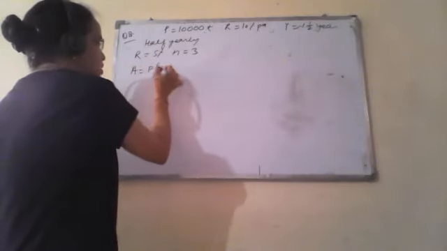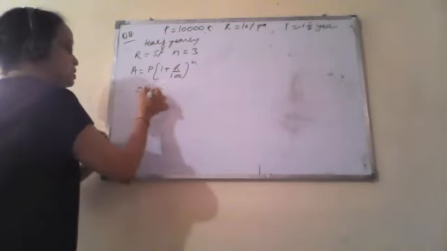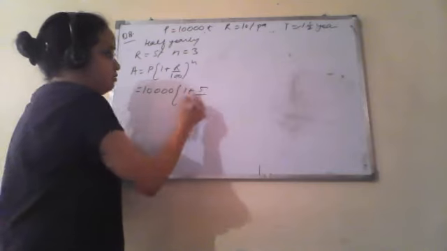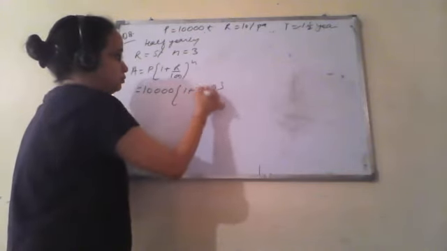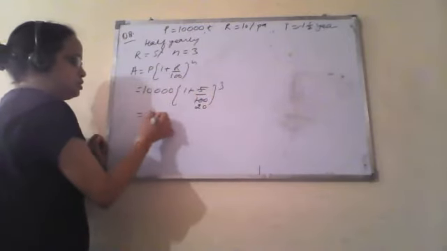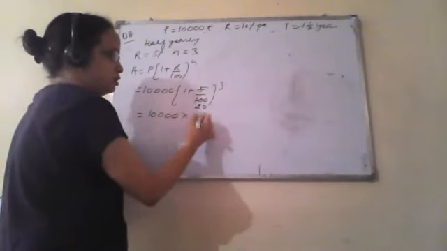So the amount will be P into 1 plus R upon 100 to the power n. Principal is 10,000, 1 plus 5 upon 100, so this is 10,000 into 21 upon 20.